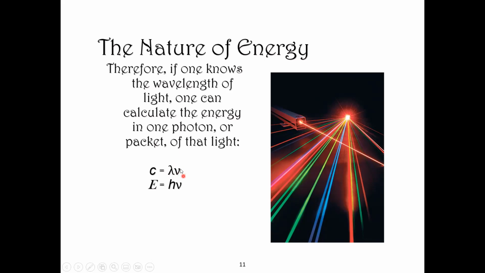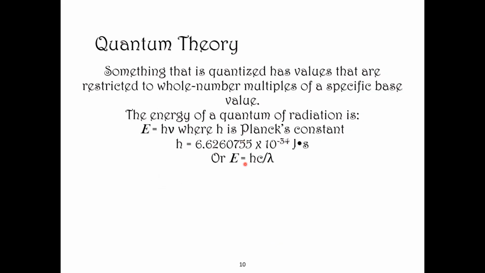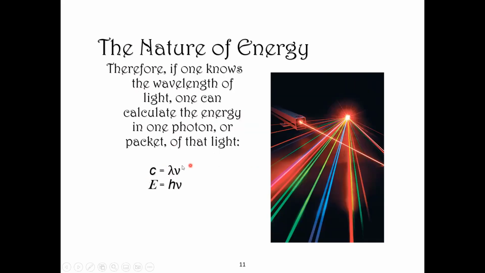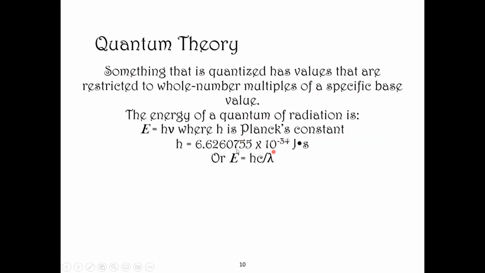So we could solve for that nu and then plug it into the energy equation. Or we can do the substitution and do all of that in one step. If we rearrange the speed of light and solve for nu, we're going to divide both sides by lambda. So nu is equal to c over lambda. We can plug that into the energy equation and just get this.